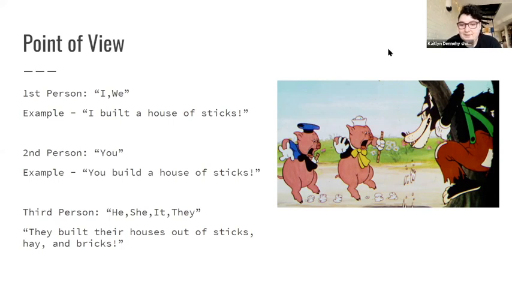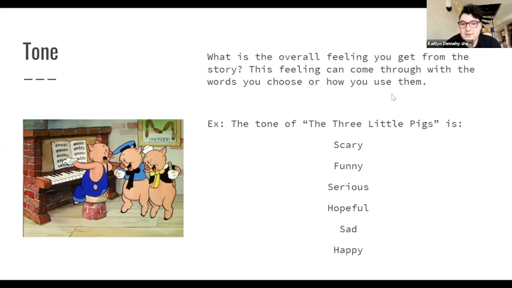Next we have tone. So tone is a little more complicated, but every story ultimately has a different tone. It's kind of answering what is the overall feeling you get from the story. It can come through the words, or in graphic novels' case, the pictures and the style sort of part of the story.